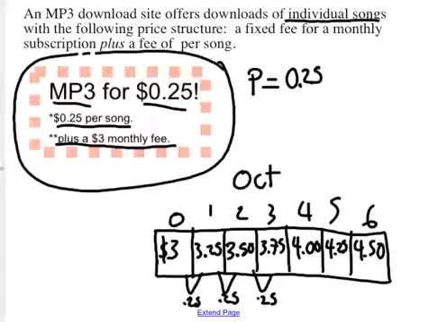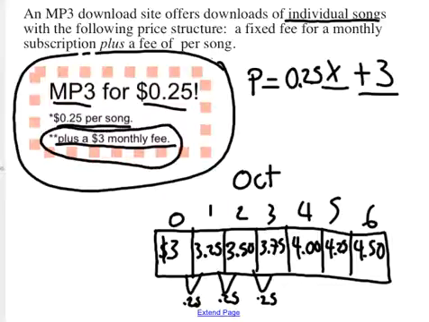We don't know what that is, so we're going to assign it a variable. But that's not the whole cost, because no matter what, I've got to have that $3 subscription fee per month.